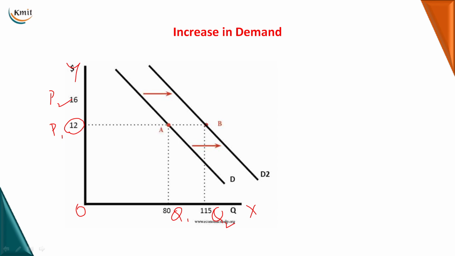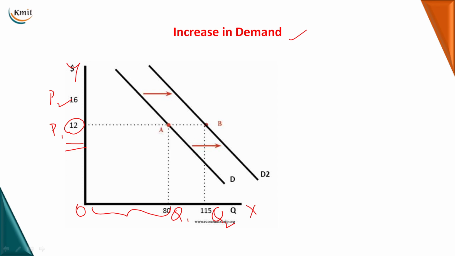Now our condition is, when we are learning about increase in the demand, price will be constant, that is, price will be 12 here, whatever the figure is here, I'm reading out the same numbers. So when the price is 12 of a particular product, the quantity consumed is 80 units of the product, that is we have denoted it as Q1. If P1 was the price, OQ1 is the quantity demanded.